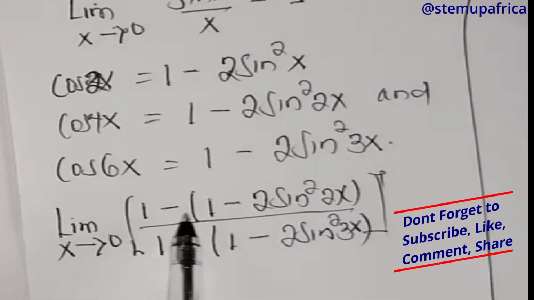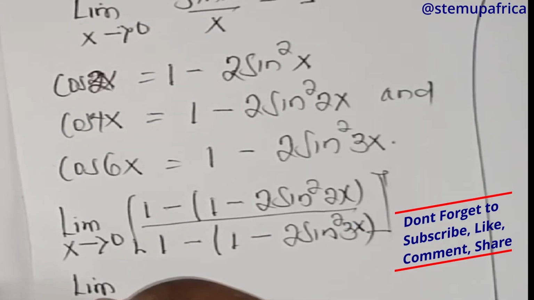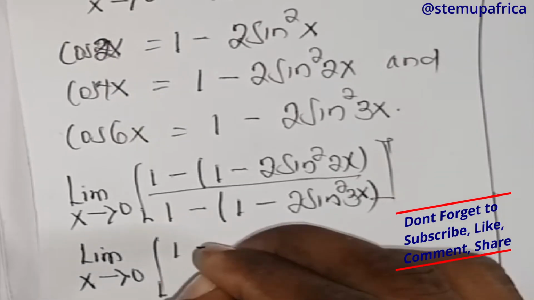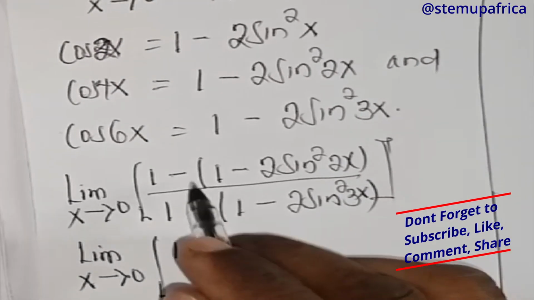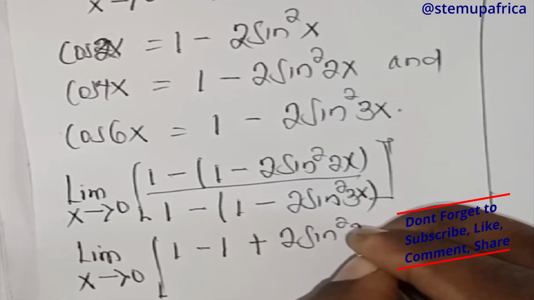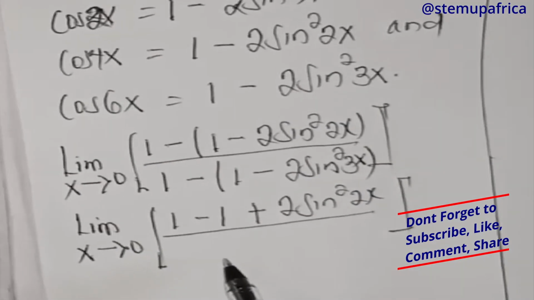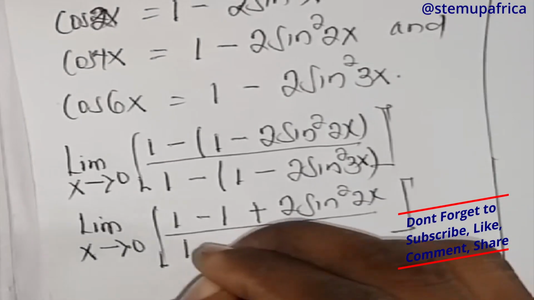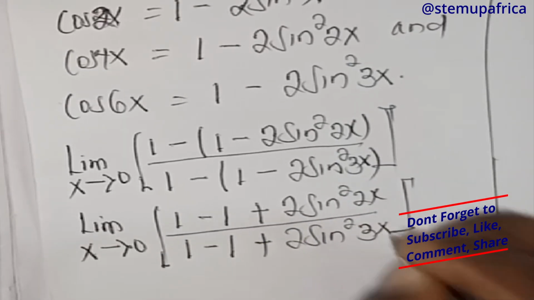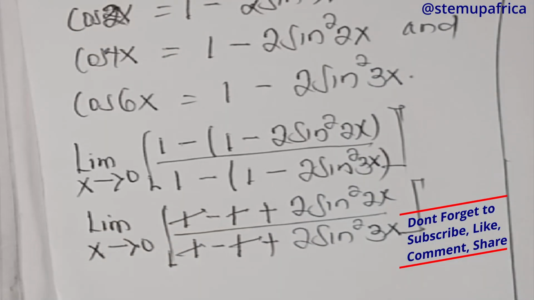So let the minus sign open the bracket. I'm having lim x tends to 0 of, here becomes 1 minus 1, minus into minus will give us plus 2 sine square 2x, bracket close, over the same thing in the denominator: 1 minus 1 plus 2 sine square 3x. So 1 minus 1 can cancel, 1 minus 1 can cancel.